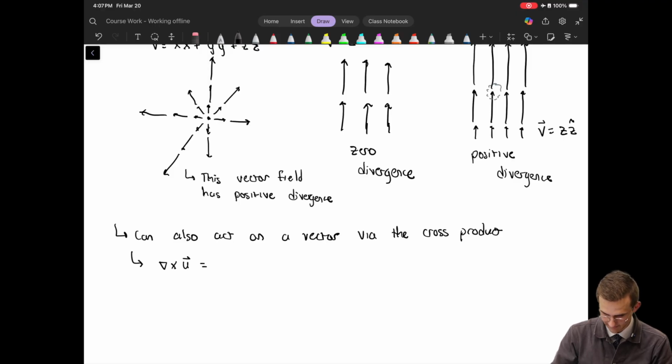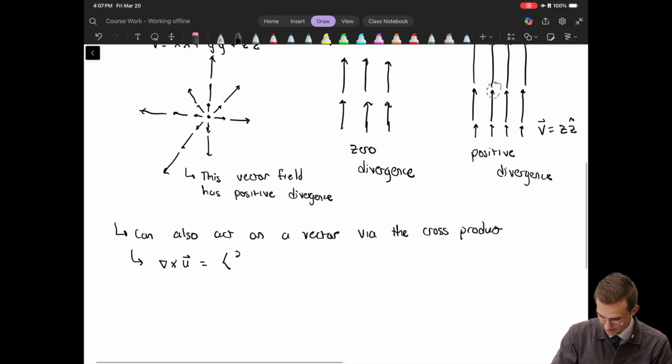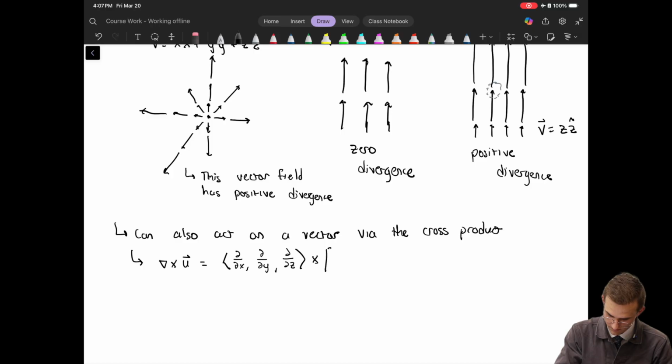Which in vector notation, you might write this way. Sometimes you use these triangle brackets to denote vectors, right? You have del as d by dx, d by dy, and d by dz. That's your del operator. And you take the cross product of that with ux, uy, and uz.